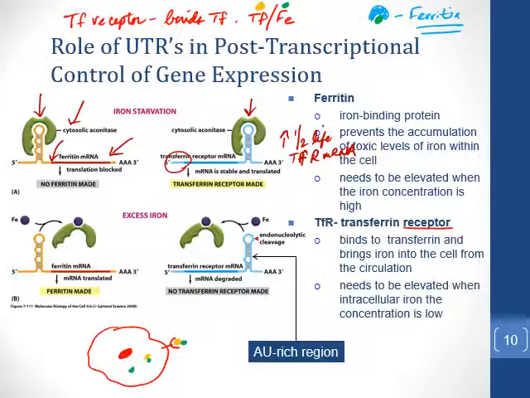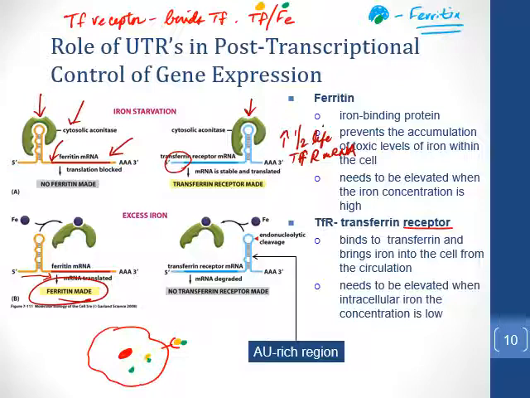What's going to happen now? Well, with cytosolic aconitase gone, the ribosome can scan looking for the Kozak sequence. It'll find the Kozak sequence. It'll translate that mRNA and make more ferritin. In the case of the transferrin receptor mRNA, with the cytosolic aconitase gone, the deadenylating enzymes can bind.